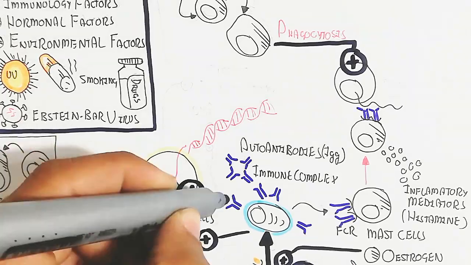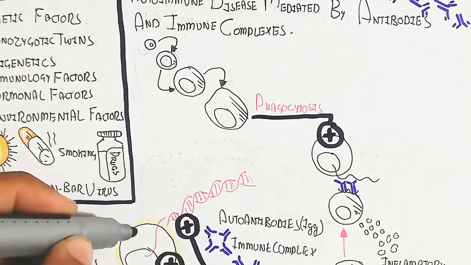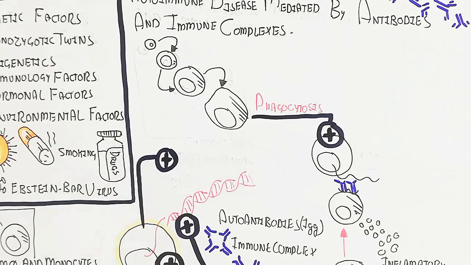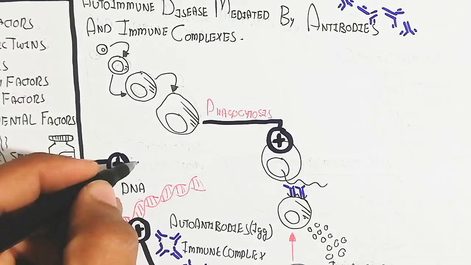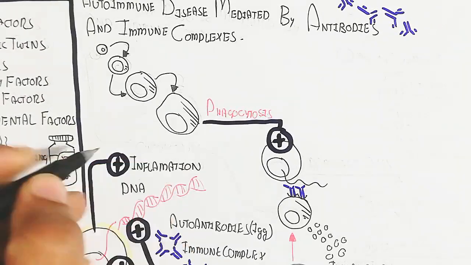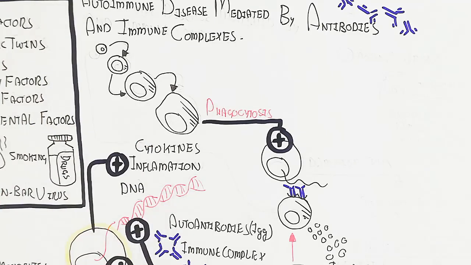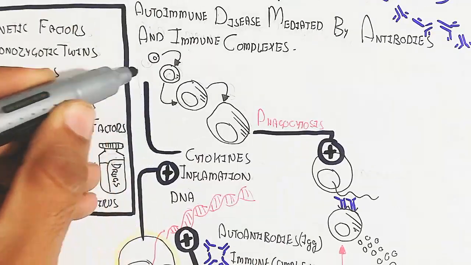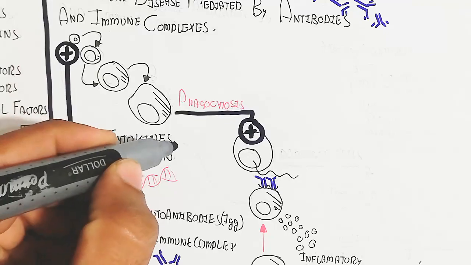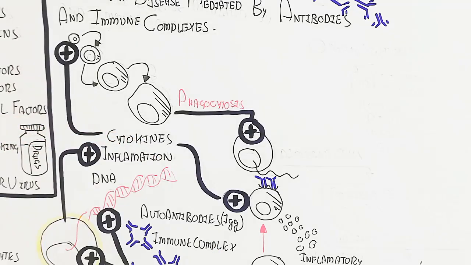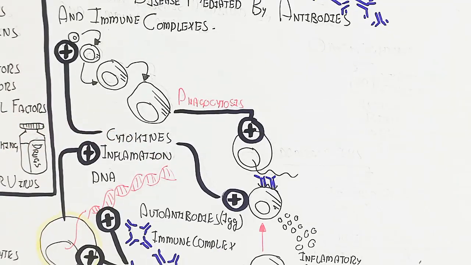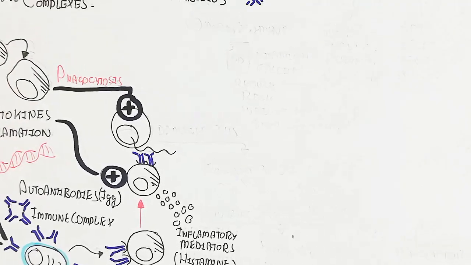It will also collapse the cell and damage the cell more, and inflammation will increase more as a positive feedback. The cytokines will be produced, which further recruit the monocytes, macrophages, as well as mast cells, the adaptive and innate immune cells.